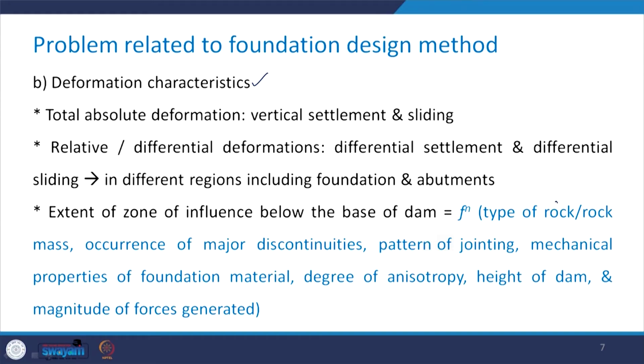It will depend on what the different regions are, including the foundation and the abutments, and hence the extent of the zone of influence below the base of the dam becomes a function of the type of rock or rock mass, the occurrence of major discontinuities, the pattern of jointing, the mechanical properties of the foundation material, the degree of anisotropy, the height of the dam, and the magnitude of the various forces that are being generated.